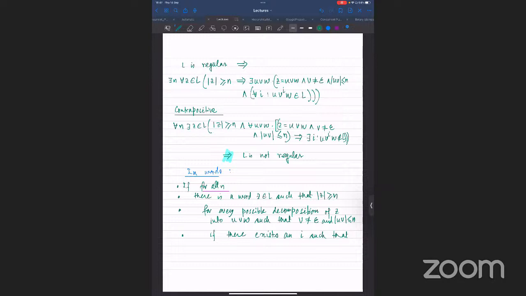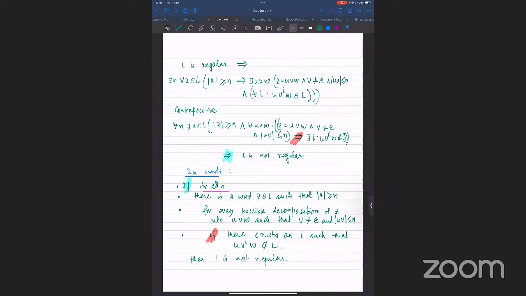So actually this implication is the if here, but essentially it's this implication I'm talking about. So here, and such that UV^iW does not belong to L, then L is not regular, right?